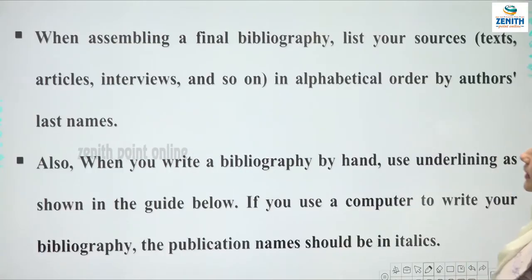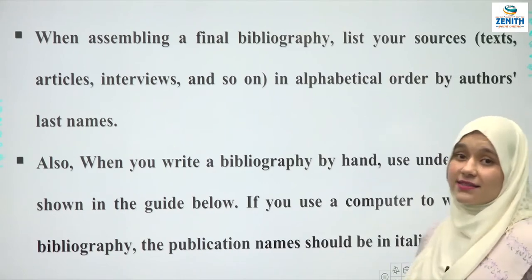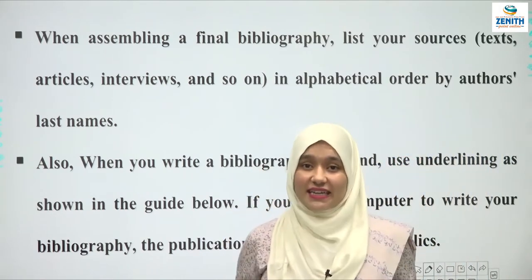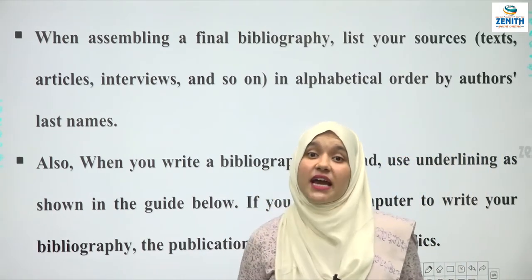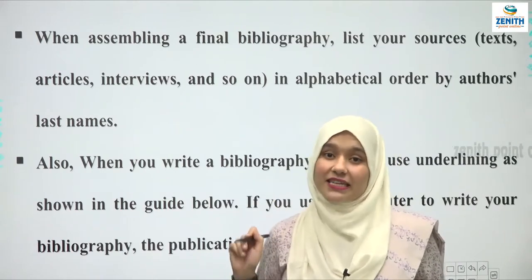Then, when assembling a final bibliography, list your sources, texts, articles, interviews in alphabetical order by authors' last names. So when you are making that list, it should be in alphabetical order depending on the author's last name.